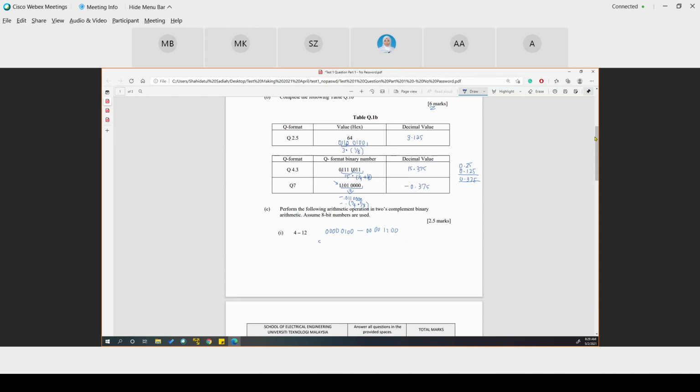Because I'm going to use negative, minus. 2's complement: 0, 0, 0, 1. One is changed to 2's complement, which is 1, 0, 0, 1, 1.